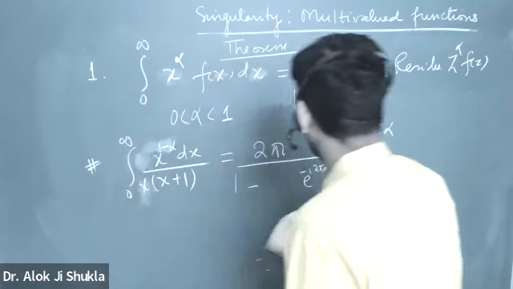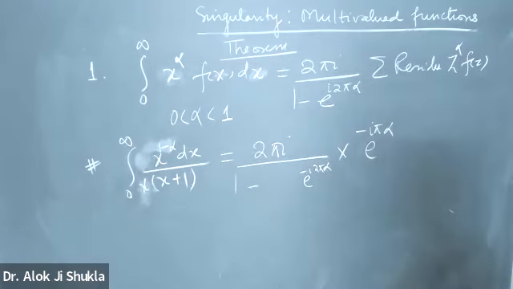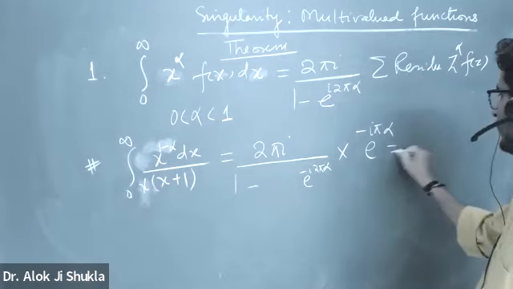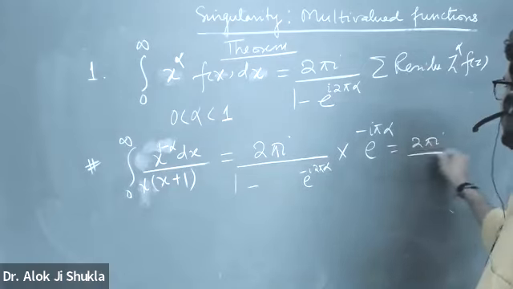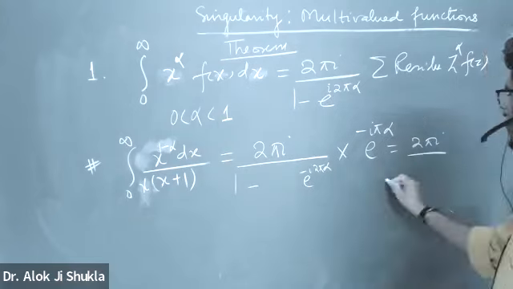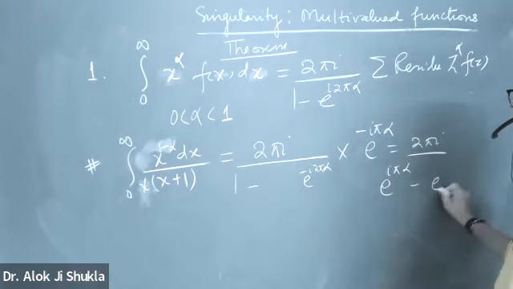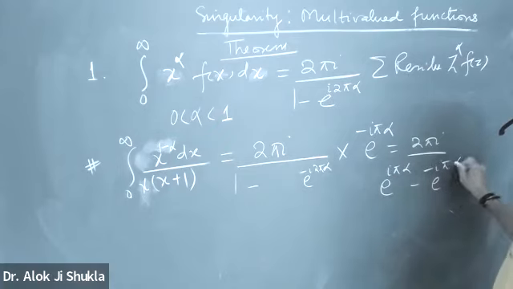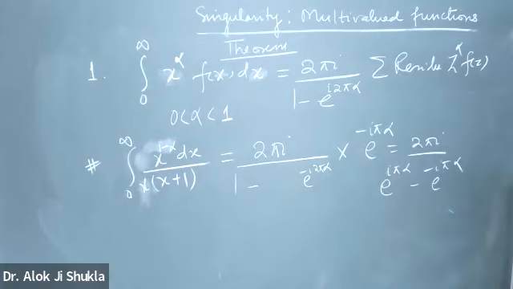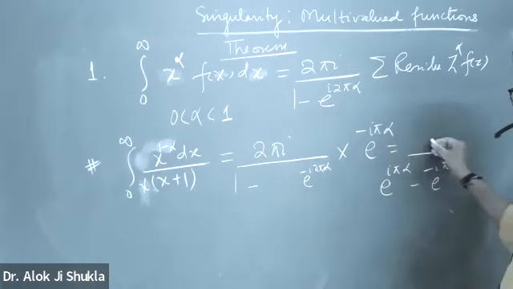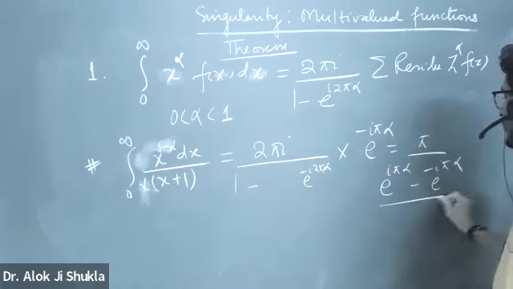Now, see, you have to do a little algebra. So this will become 2 pi i. I am taking this downward. So it will become e to the power i pi alpha minus e to the power minus i pi alpha. Correct? Yes, sir. And 2i also I am taking in the denominator. So 2i in the denominator.